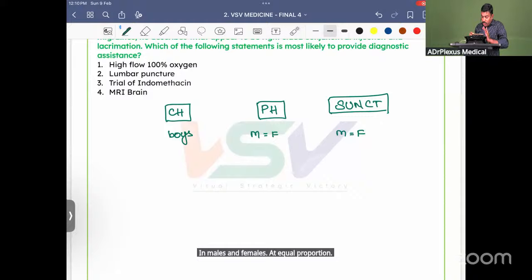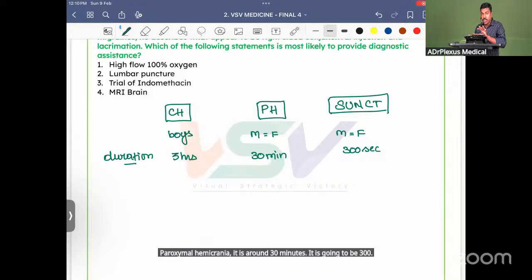Okay. Now, as I told you previously, the duration of cluster headache is somewhere around 3 hours. Paroxysmal hemicrania is around 30 minutes. SUNCT is going to be 300 seconds. Okay.